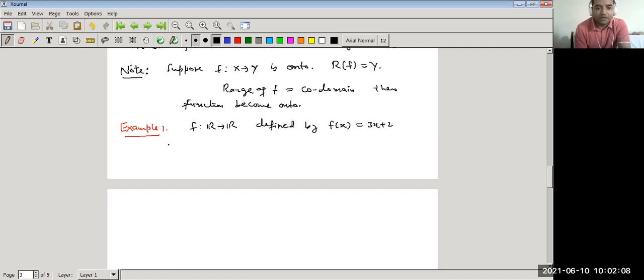Let any y belongs to R. This is the codomain.